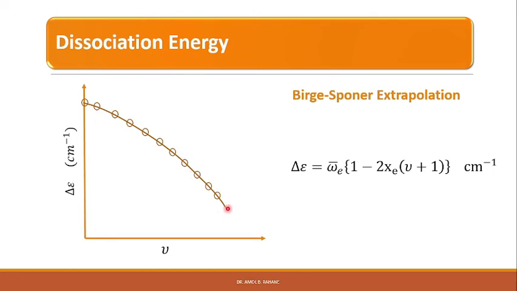In this case, the most accurate determination of dissociation energy is obtained by extrapolating the smooth curve and finding the area beneath it, right?